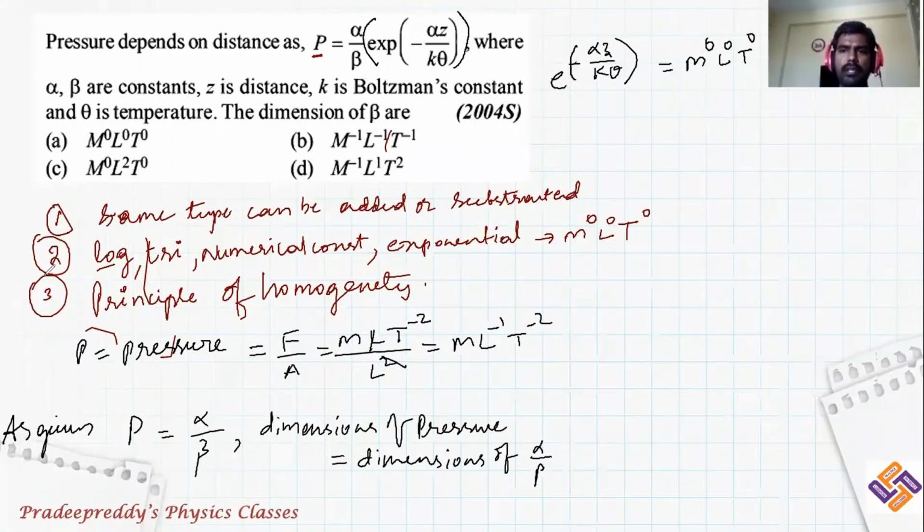Rule 2 states that exponential functions are dimensionless. So e power minus this total becomes dimensionless, and that's the reason I am not including it here.